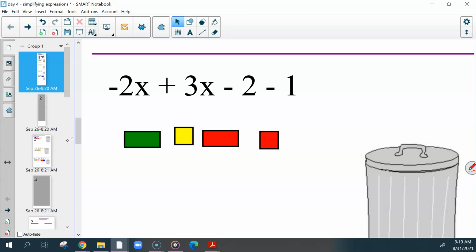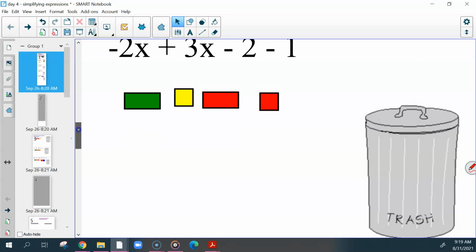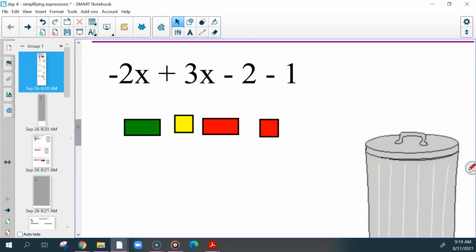How would we model that one? Negative x's. 3 positive x's.